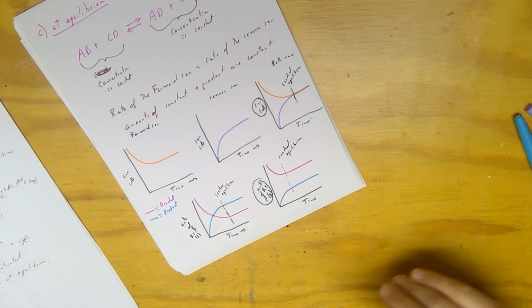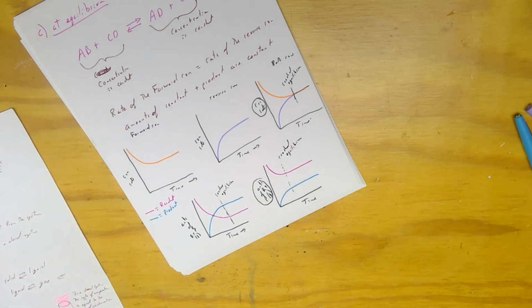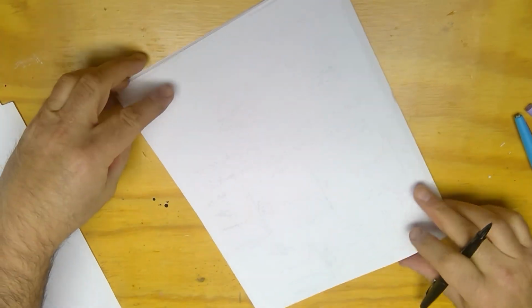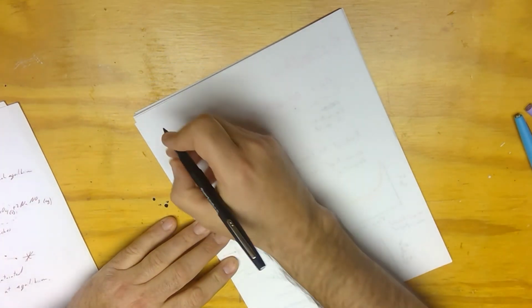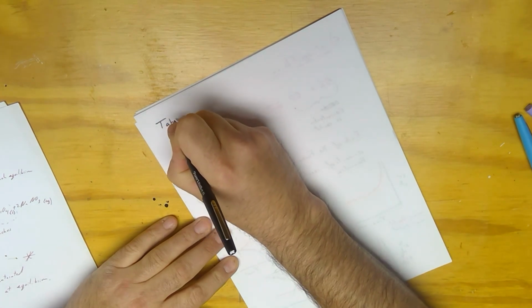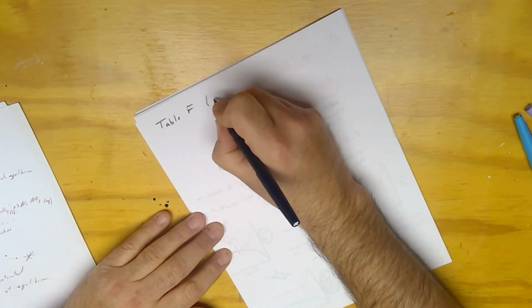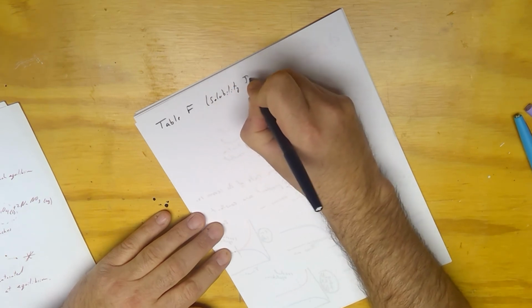Okay, I have two little things to talk about, and then we are done for today. I need to mention something about table F. This is our solubility table, and we've used these.